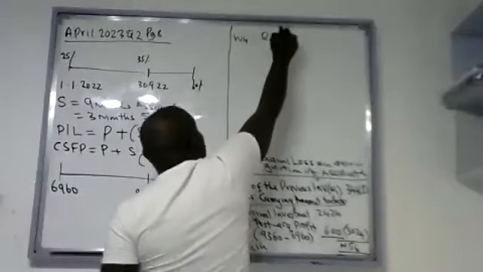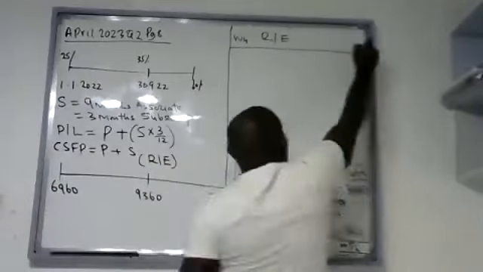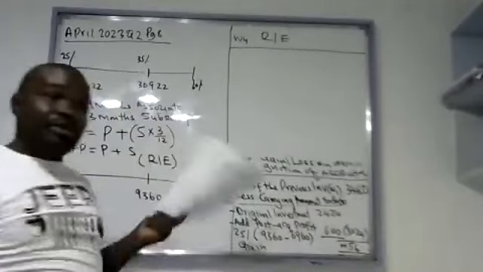So retained earnings. Remember we are preparing the balance sheet, so you go to the retained earnings in the balance sheet of those companies. That is what you need to check.